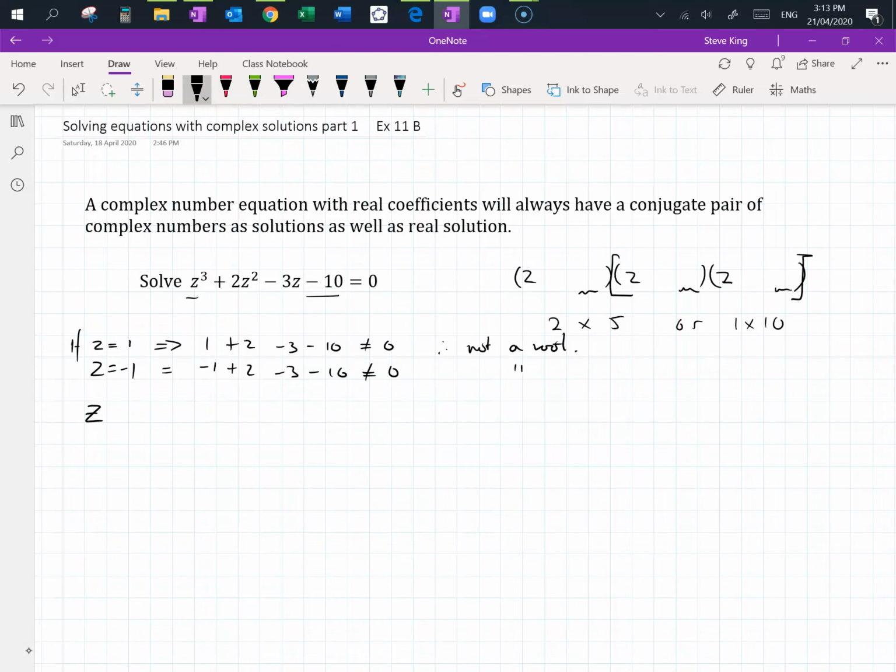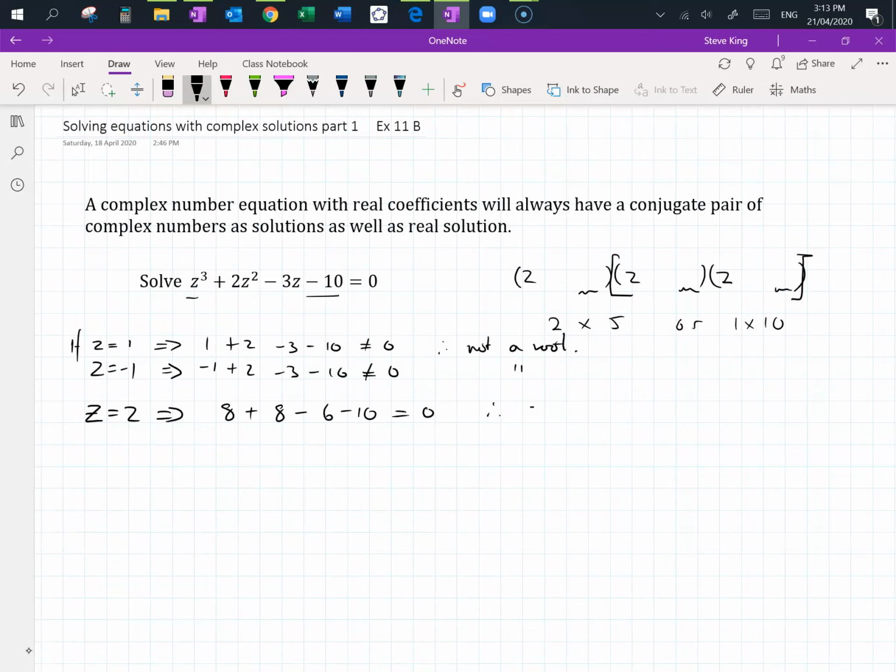If I have z is equal to 2, what do I get? I get 8 plus 8 minus 6 minus 10. Hey presto, we've got something that's equal to 0.